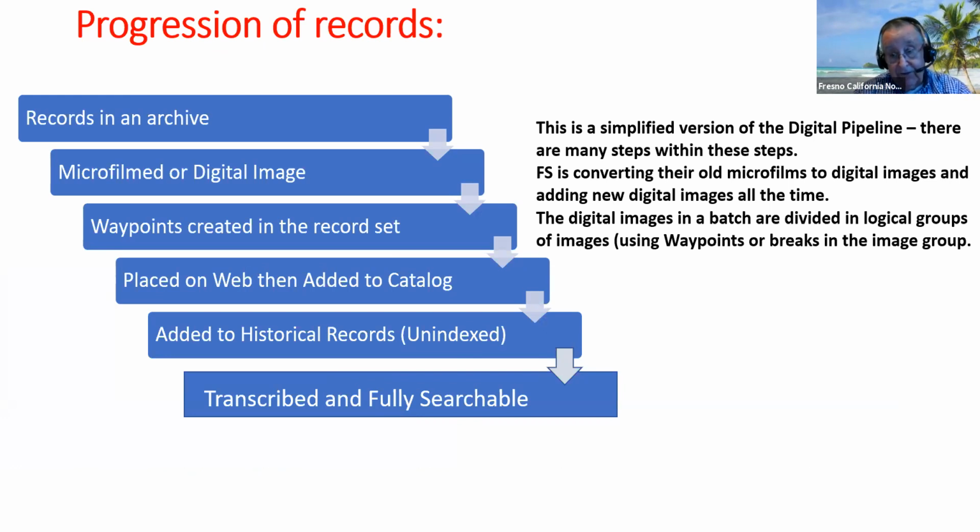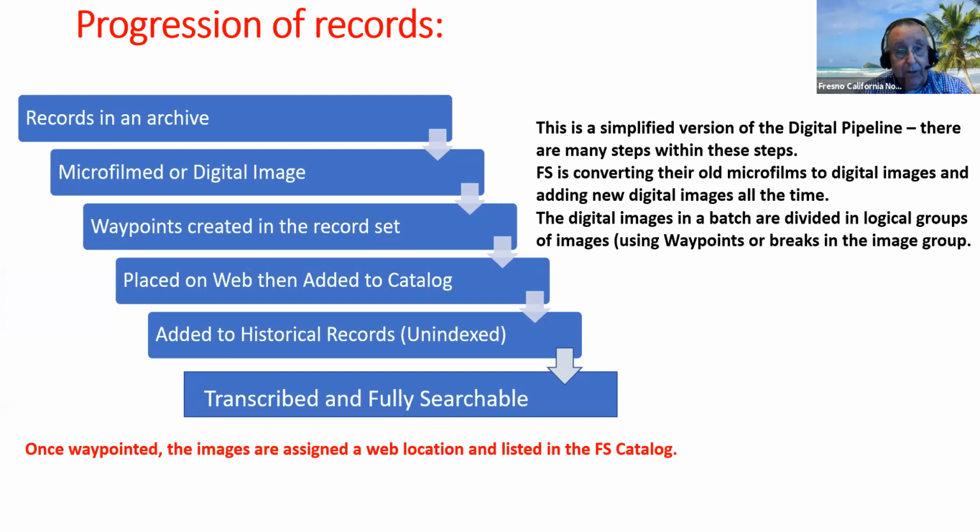This pipeline can be made into a flow chart, which is a very simplified version. This is not everything that has to happen. But in general, you have records that are over at an archive. Then either once upon a time they were microfilmed, or today they're made into digital images immediately, or the microfilm is digitized. Then those raw digital images are sent to people that create waypoints.